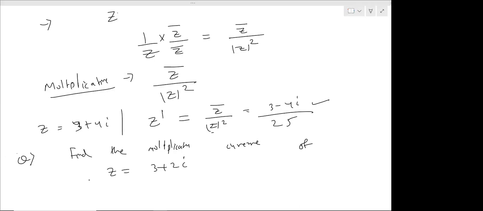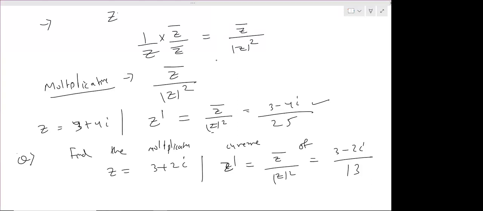Okay, Yasir. Did you square 2 times? The multiplicative inverse z dash will be 3 minus 2i whole divided by mod z square. Mod z is the square root of 3 square 9 plus 4 square 4, which is root 13, and its square is 13. Did you square 13 again?